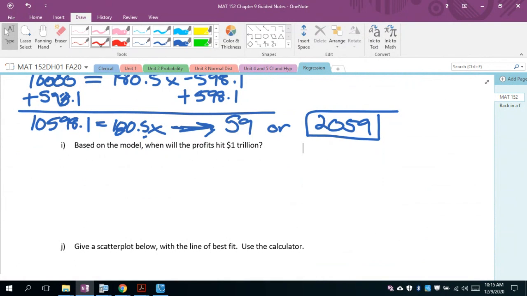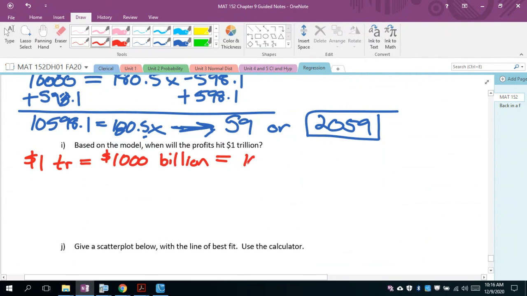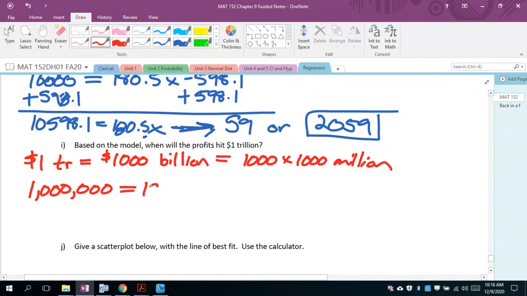Now, based on the model, when will the profits hit 1 trillion? Well, 1 trillion is 1,000 billion, which is 1,000 times 1,000 million, and 1,000 times 1,000 is a million. So a million equals 180.5x minus 598.1.